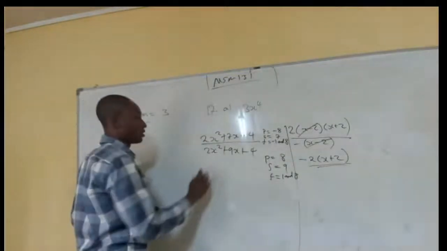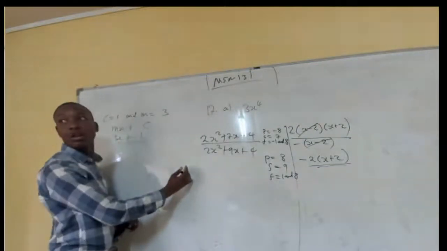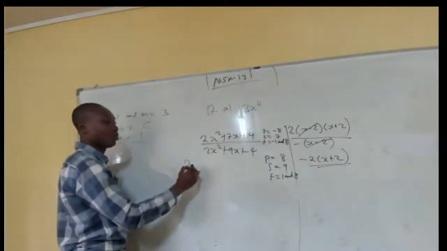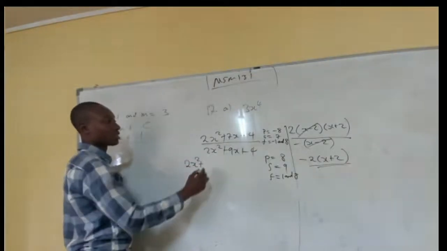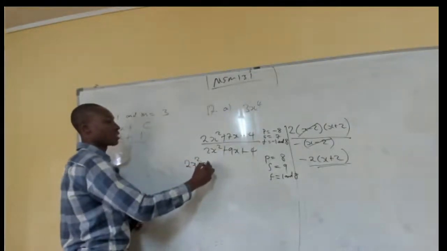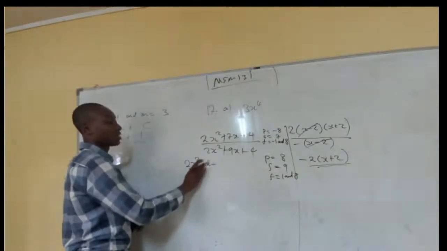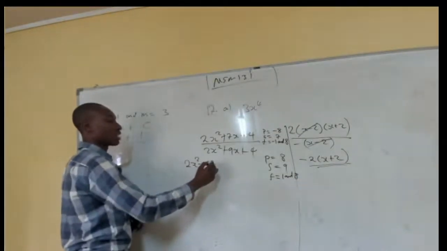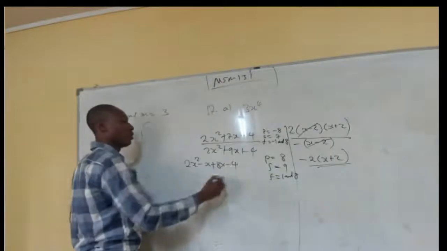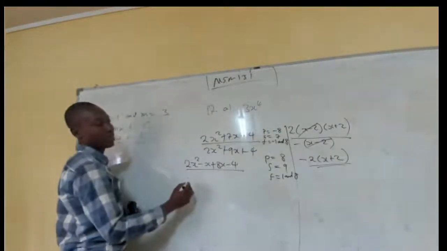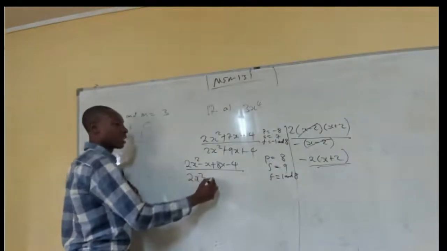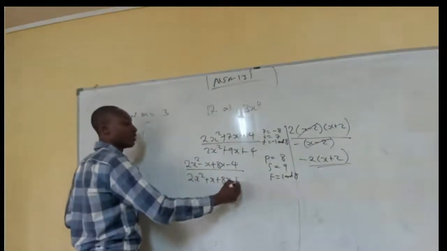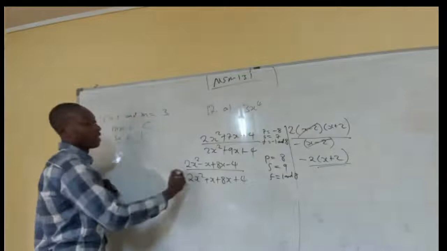So factorizing the numerator, we're going to have 2x squared plus, now I'm going to replace the product and the sum, so actually minus x, because it's the negative 1, minus x plus 8x minus 4, over the denominator, if I write it, plus x plus 8x plus 4, okay? What's common here?